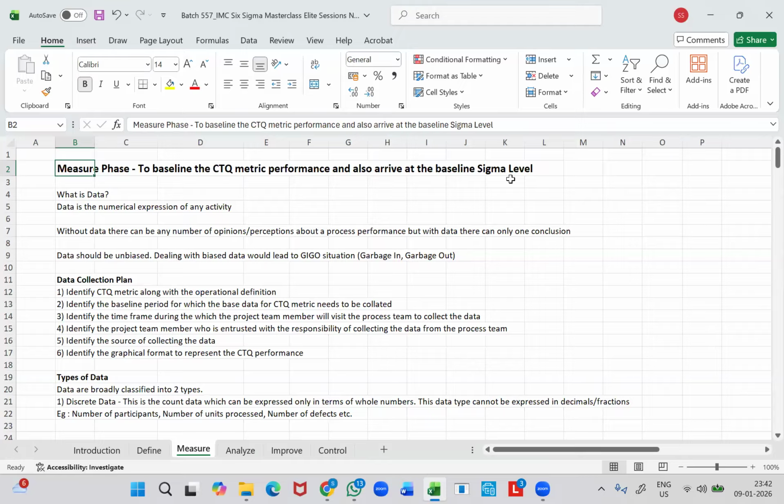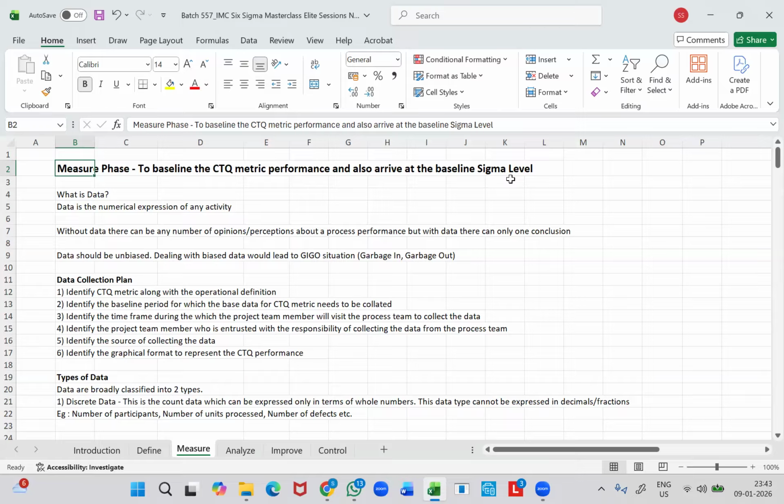So this is a beautiful sentence. Without data, there can be any number of opinions or perceptions about a process performance or about an individual's performance. But with data, there can be only one conclusion. When you have not measured anything to reflect the process performance, some group of people may say that the process performance is excellent. Some people may say that it is average.